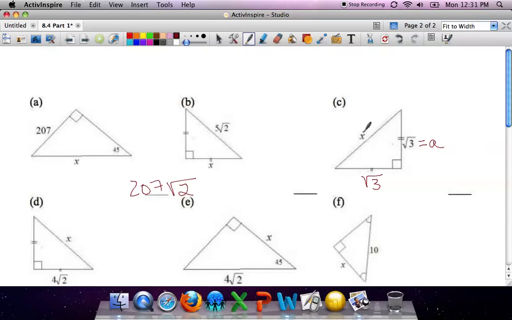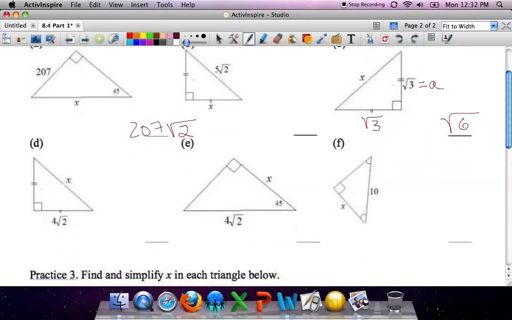So we know that x, or the hypotenuse, is a root 2. Okay, well, if a is root 3, you would have root 3 times root 2, so that answer would be root 6.